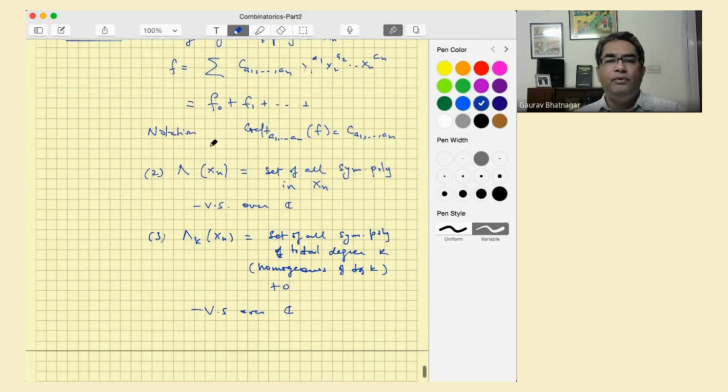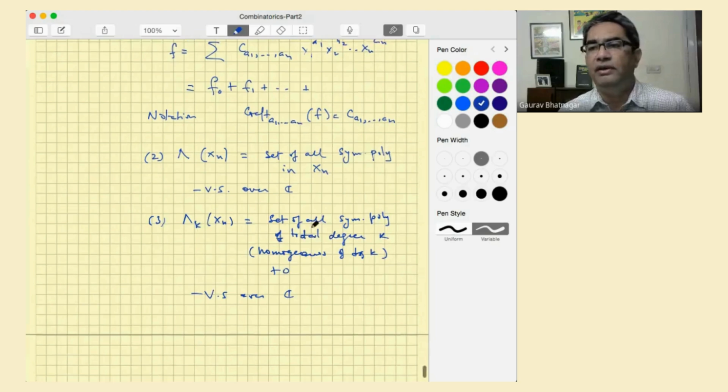So this chap over here is everything here, and it's built up of these guys over here, right? And it's a direct sum, right? Because anything of total degree k is not of total degree k minus 1.